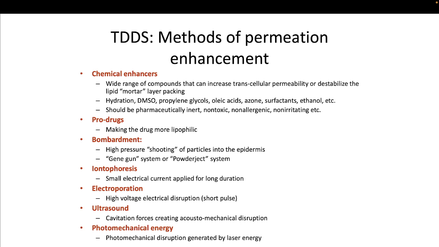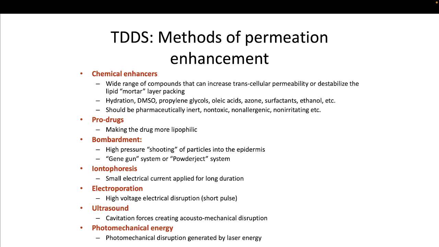Another method is bombardment, where you use something known as a gene gun or powder jet, and you shoot smaller particles. Remember, these particles are in the range of micro or nanoparticles. Shooting these particles into the epidermis, the upper layer of the skin, is not actually harmful. You won't feel any pain, but it will give the extra push for the drug particles to go inside the skin layer.